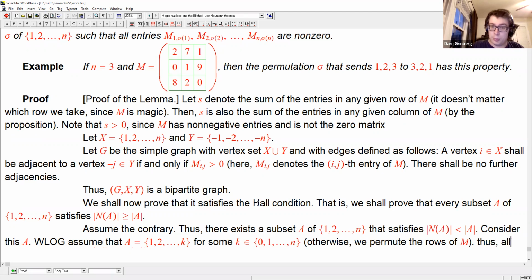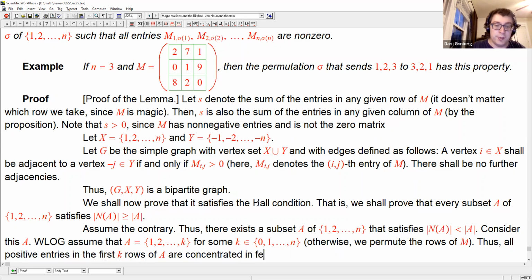So all positive entries in the first k rows of A are concentrated in fewer than k columns. Because this is saying, well, the columns in which these positive entries lie are the neighbors of the set A. And we've assumed that there are fewer neighbors than elements of A, so fewer than k.